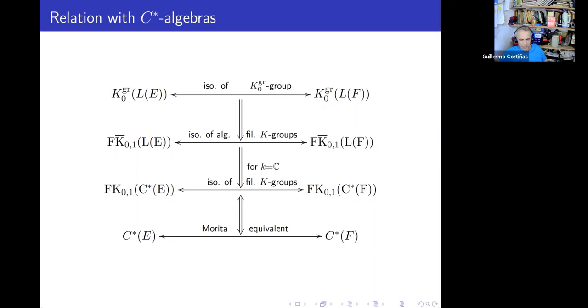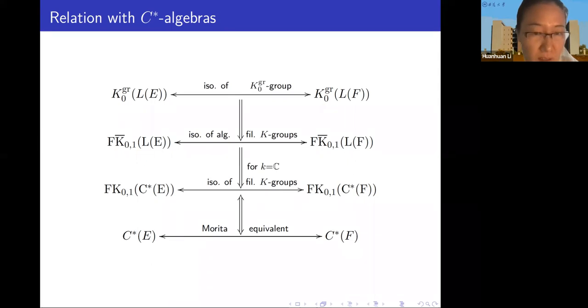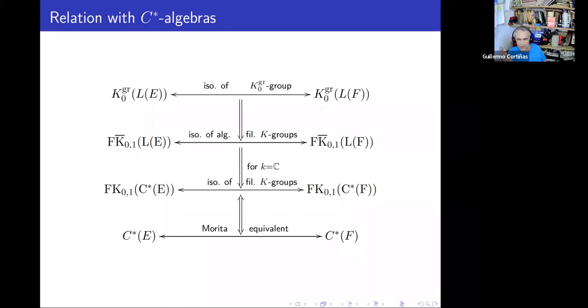It might be worth mentioning that at least when E and F are essential, this K0 group is Krieger's dimension invariant. You're right. And this isomorphism means something like shift equivalence.